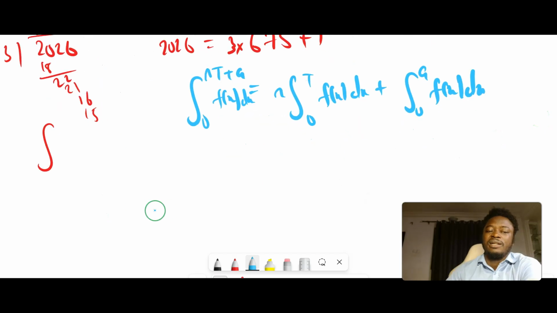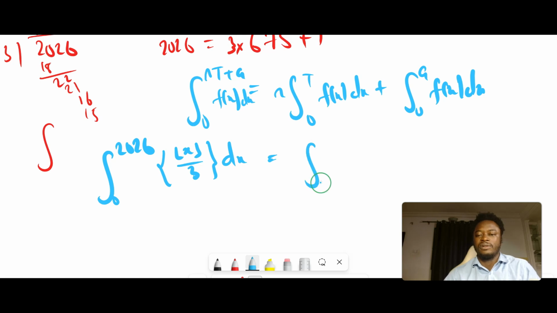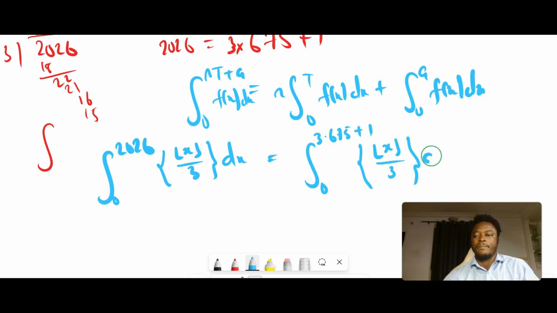So essentially the integral from 0 to 2026 of f of x, which is the fractional part of the floor of x, all divided by 3 dx, is equal to the integral from 0 to 3 multiplied by 675 plus 1 of the fractional part of the floor of x, all divided by 3 dx.